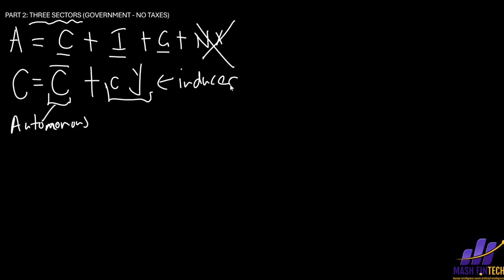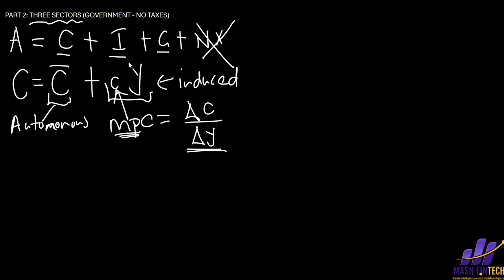What we are saying is that consumption is either independent of income, it's always there when income is 0, or it's induced. This part depends on the level of income. And how much of your income you consume is determined by this small letter c, which we refer to as the marginal propensity to consume. We explained this in the previous video: the change in consumption over the change in income, by how much your consumption changes when your income changes by 1 unit, or $1, R1, whatever currency you're using.